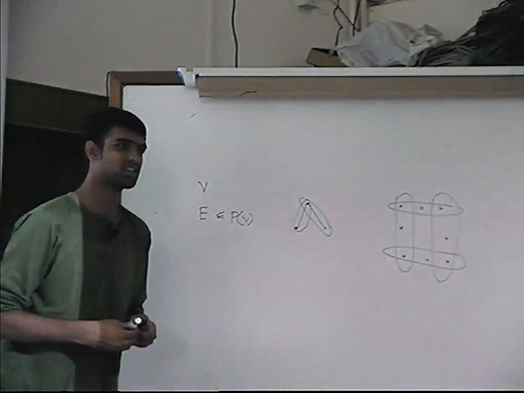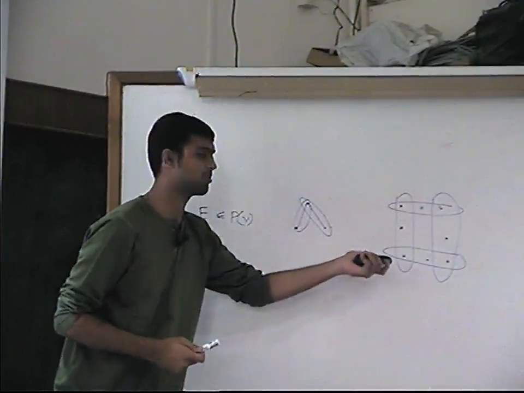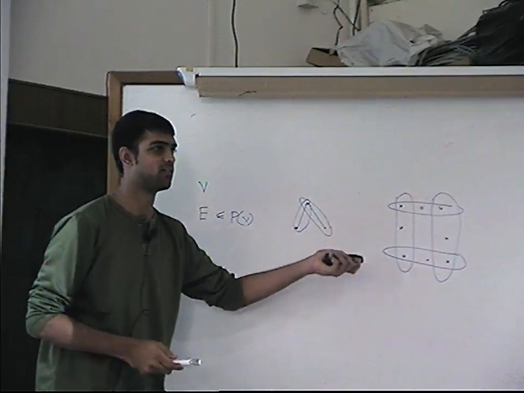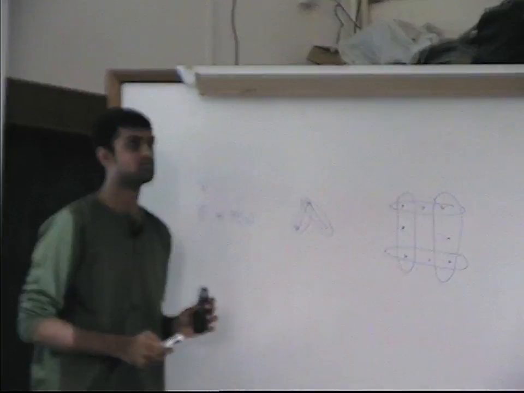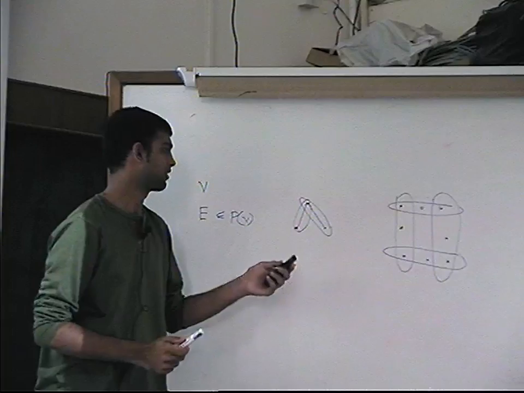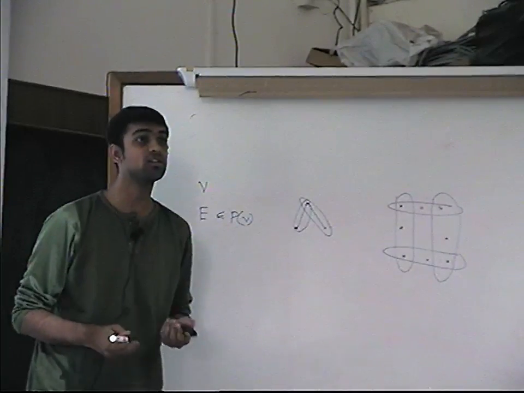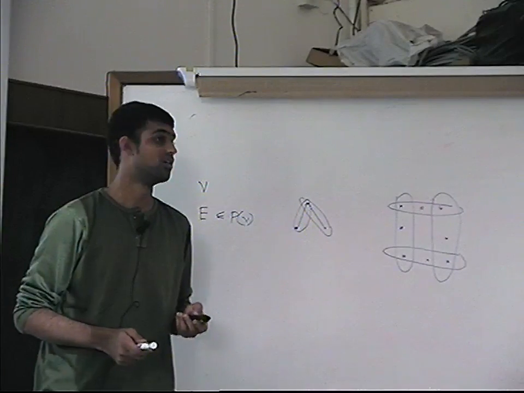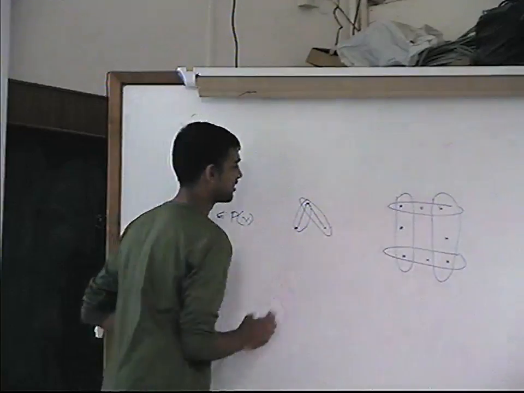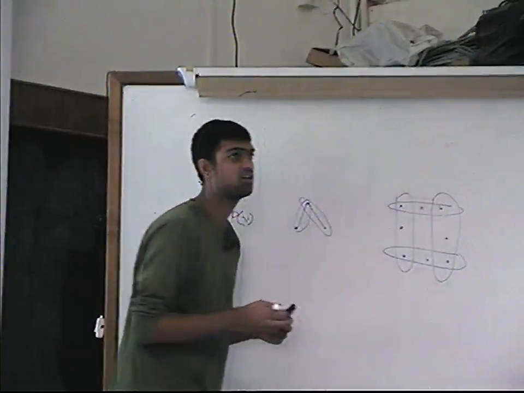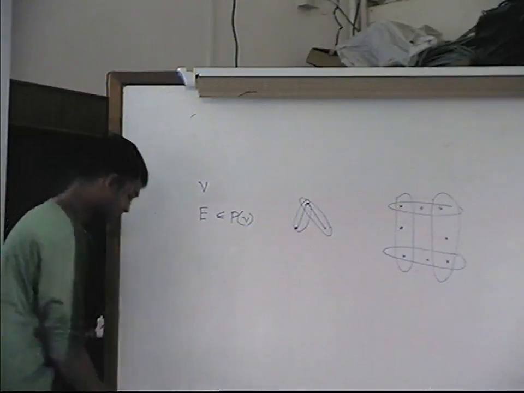So as an exercise, can anyone tell me what structure this represents in a graph? This hypergraph. Okay, so it looks like a cycle, right? You have a cycle here. This is a hypergraph representation of a cycle.